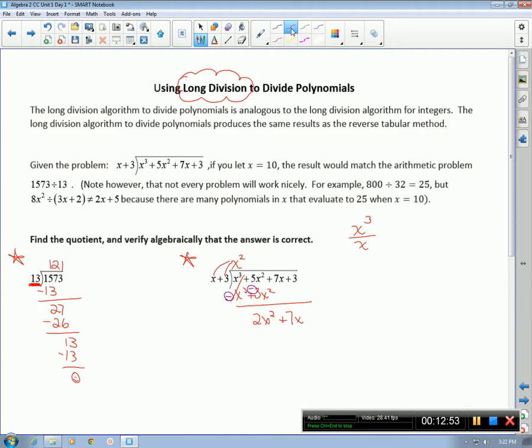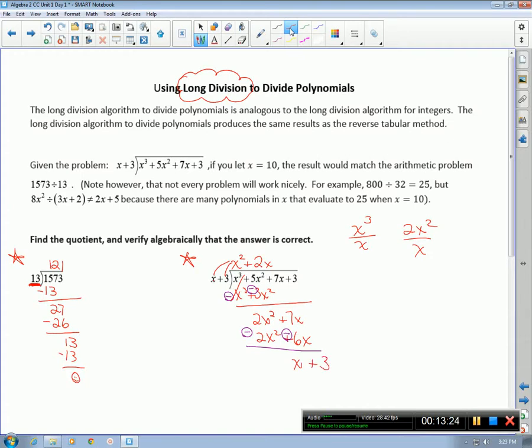And then we start over. x goes into 2x squared. 2x times. Multiply. Change our signs for subtraction. And we've got x right here. And bring down the 3.